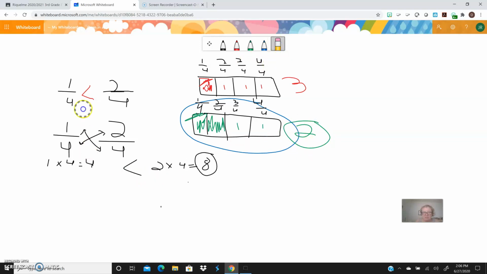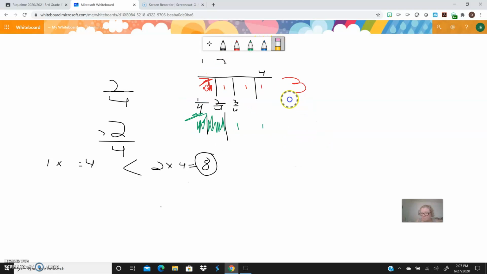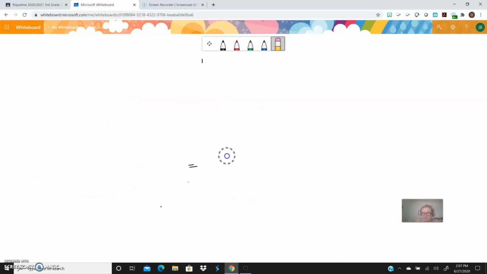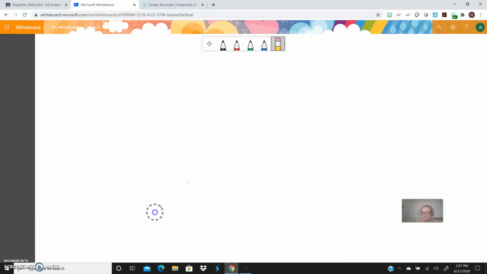Let's do another example. Okay, so let's go ahead and do another fraction with the same denominator but the different numerator.